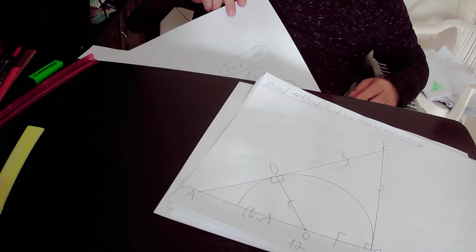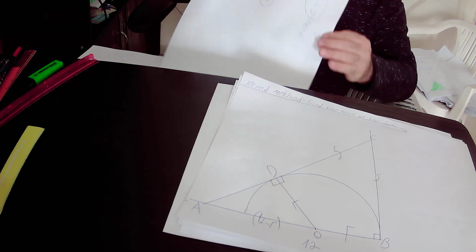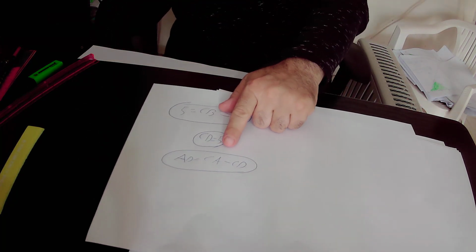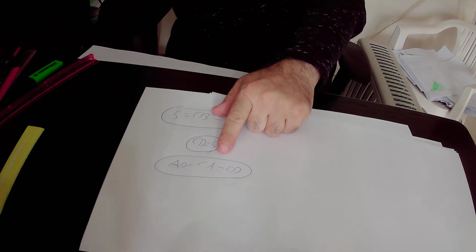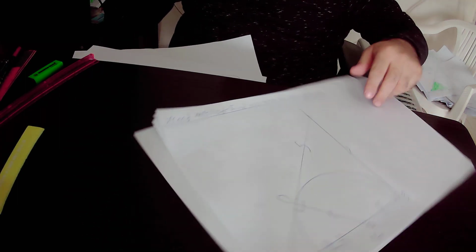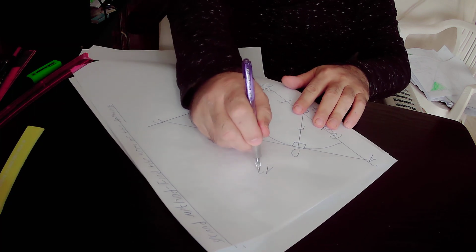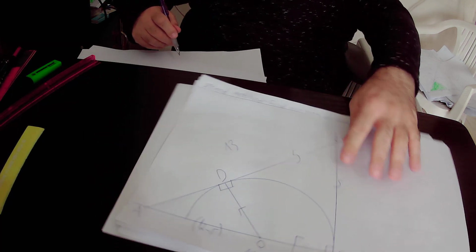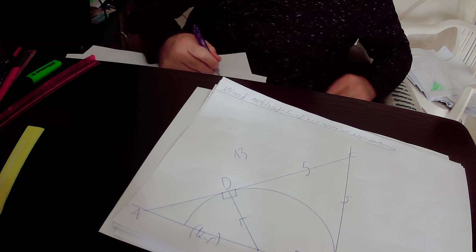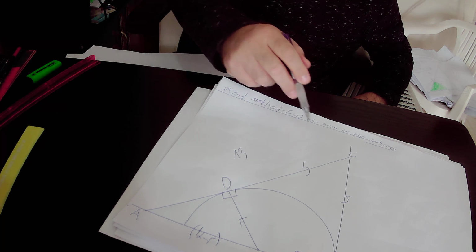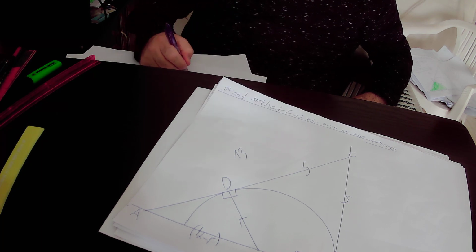I'll repeat again, from the drawing you can see that AD equals CA minus CD, but we have already found that CA, the hypotenuse of triangle ABC, equals 13 units, and we just found that CD equals 5 units.